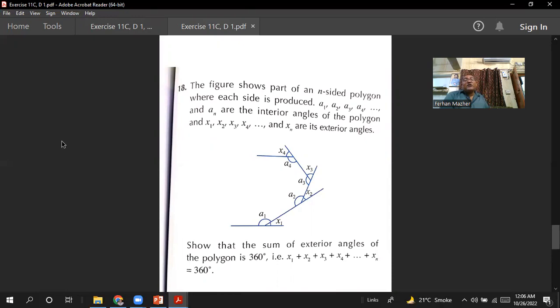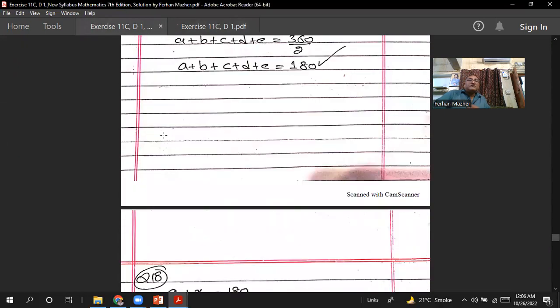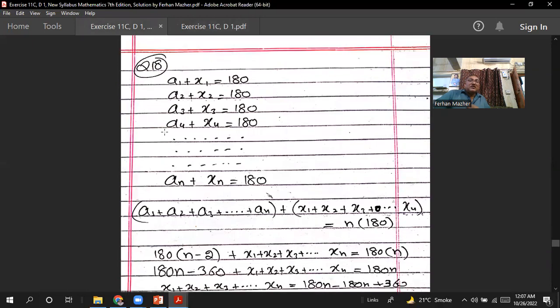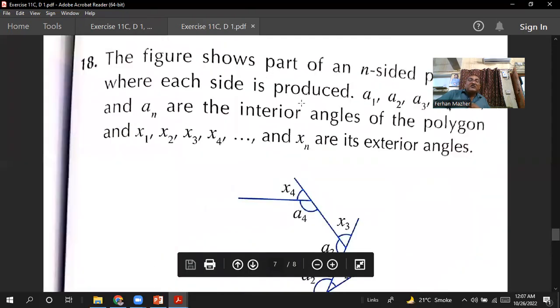Given that X1 plus X2 plus X3 plus X4 plus up to Xn is equal to 360, this is what we have to show. So these are adjacent angles, this external angle and internal angle are adjacent to each other.